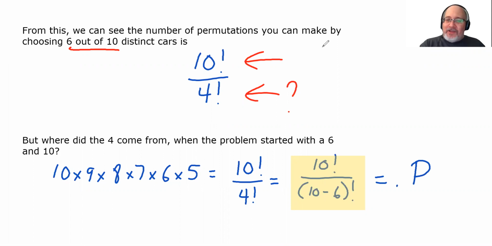The one on the left is the total number that you're selecting from, 10 cars. How many permutations can I make by selecting 6 of them? That would just be read 10P6, but it means: if I have 10 cars to pick from, how many permutations can I make if I pick 6 of them?